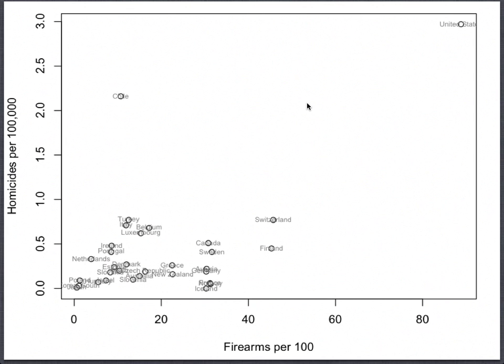Yeah, but then you have to ask the question, how likely am I to see that pattern by chance? And also what other factors, right? So if there's all of these other things that are going to change the level of gun homicides, how do I know that what I'm looking at is because the regulation changed and not because of something else? We're going to get into cause in a second.